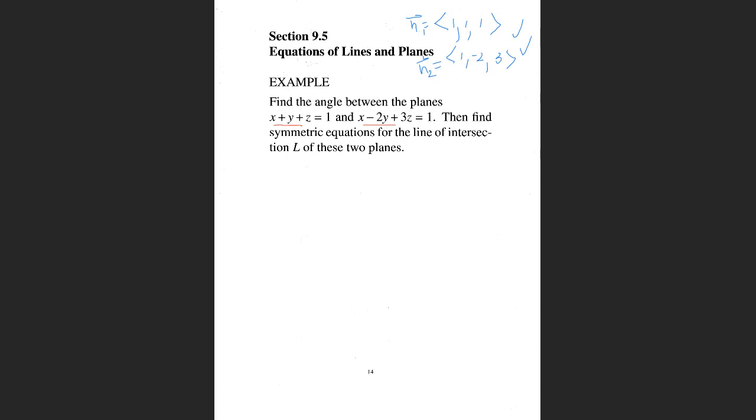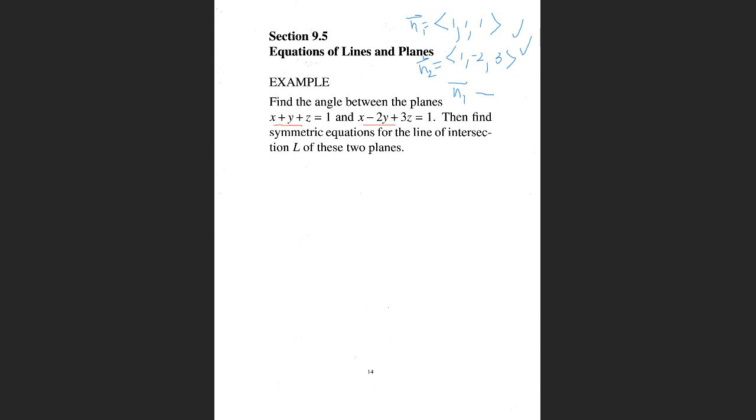So if you have two normal vectors that are not parallel, in other words, n1 is certainly not parallel, I have to be careful here, I never wrote a not parallel before. How would I write that?